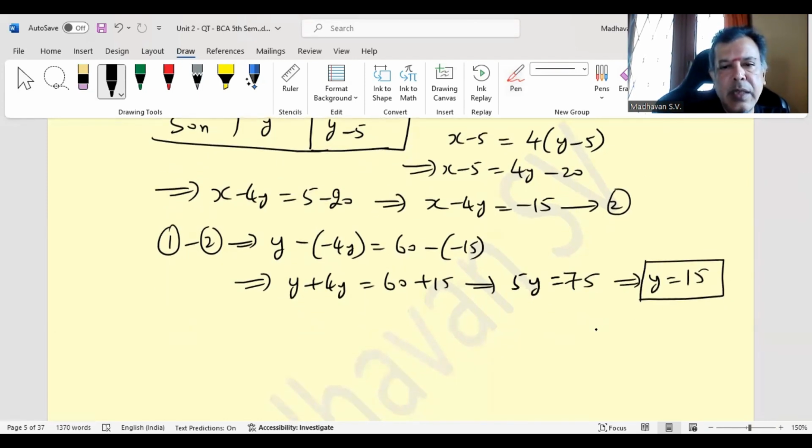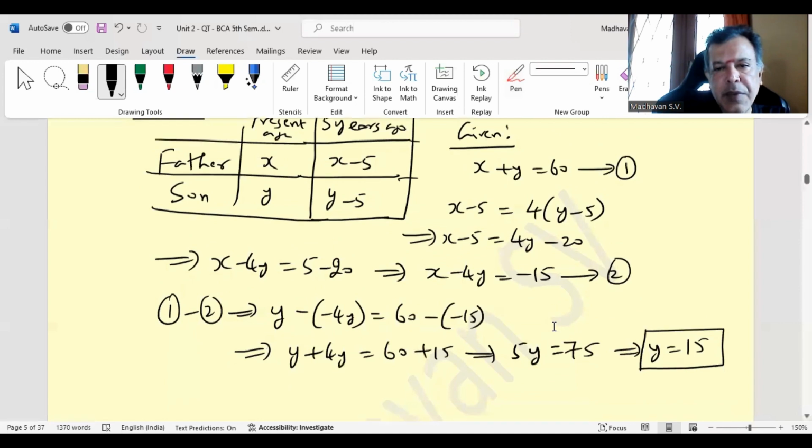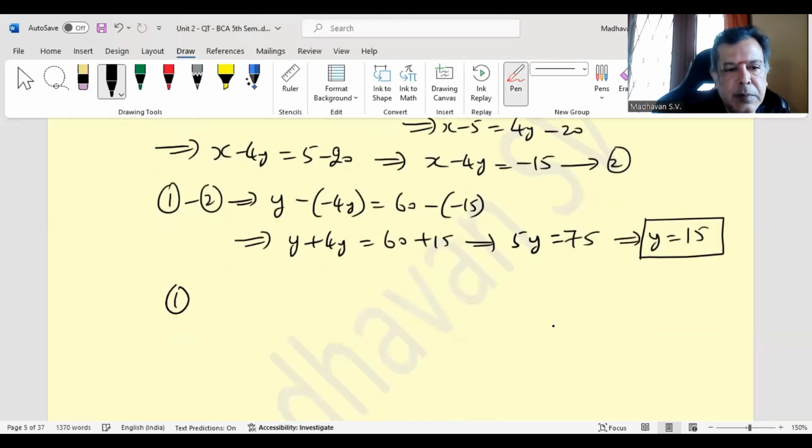Now, using the first equation, X plus Y equal to 60, which means X is 60 minus 15, which is equal to 45.